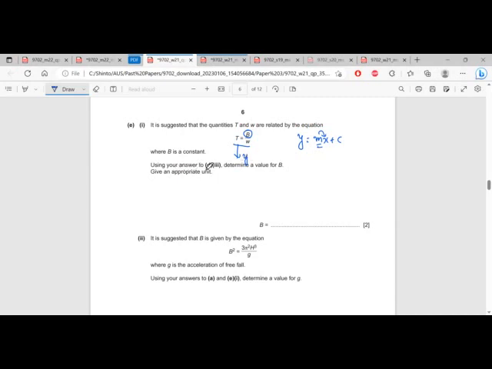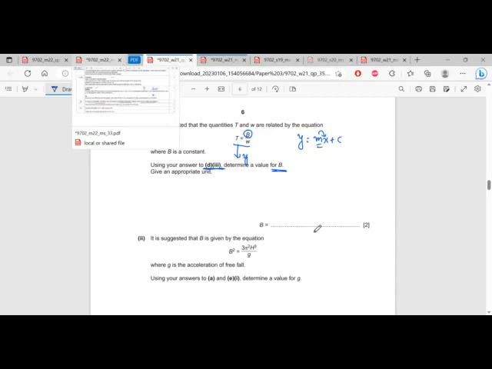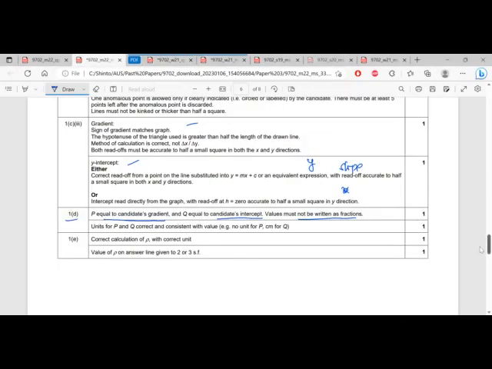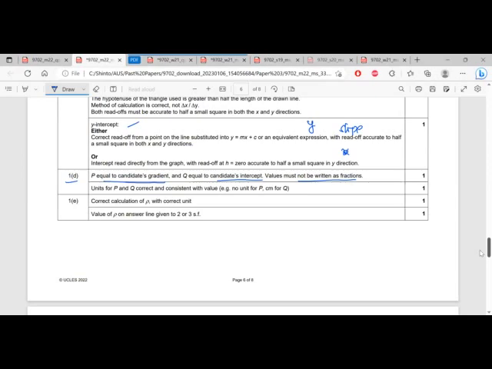And they have specifically told us to use your answer in D3 to determine the value of p. So all you're supposed to do is copy whatever answer you got in your previous section. Whatever value you got for gradient or intercept should be written here.